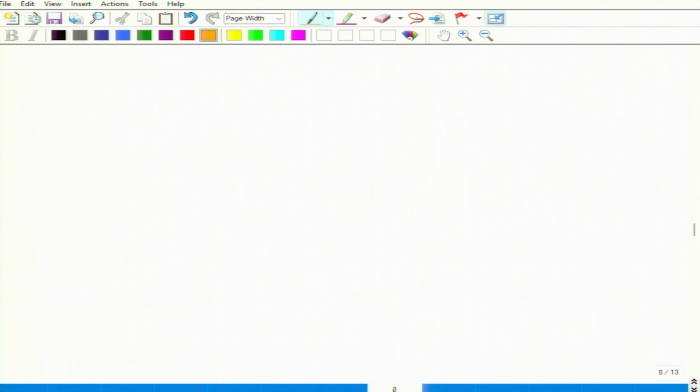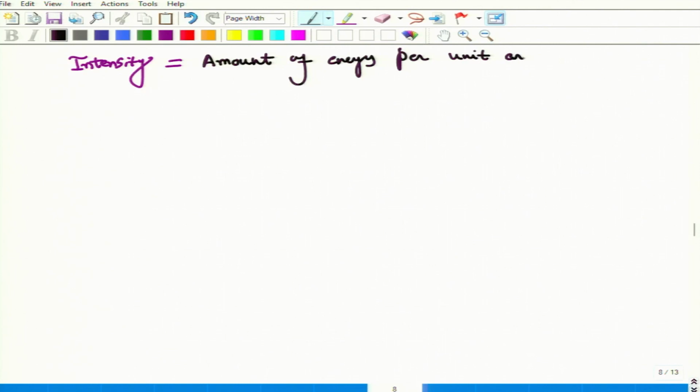Actually the definition of intensity is the amount of energy per unit area per unit time. So this is actually the definition of flux.